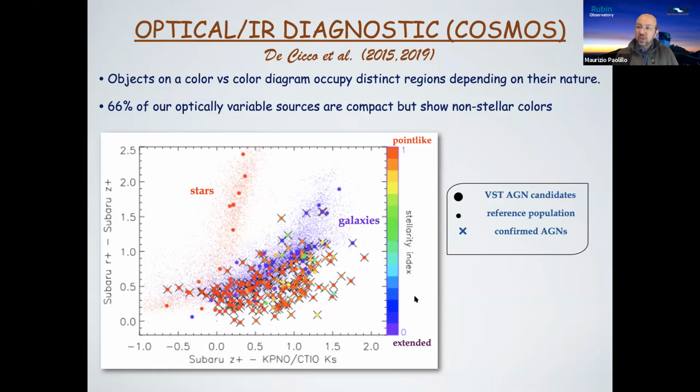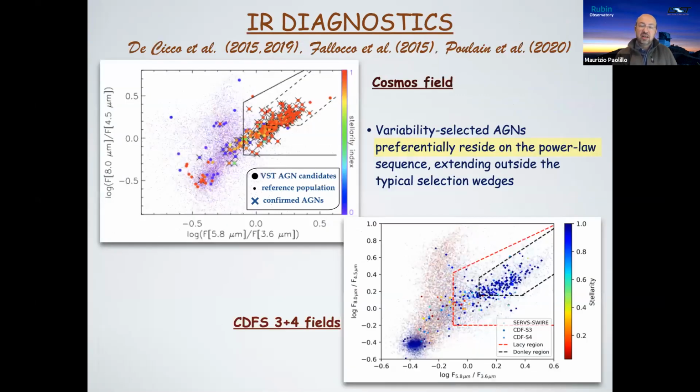And if you look at the infrared diagnostic to see how we compare with infrared data, you can see that the variability selected objects, both in the Cosmos and CDFS, align very well along the power law region, even within the lazy region, they clearly define the AGN stripe where the power law spectrum lies.